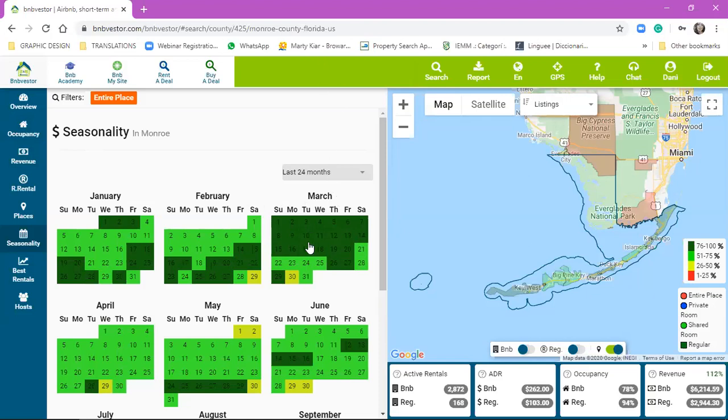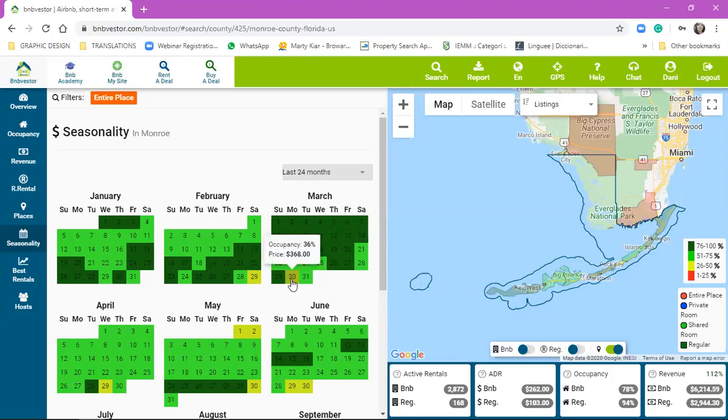The dark green means that it has from 76 to 100% occupancy rate, and the average daily rate is going to be very high. Then we have the lighter green, or apple green, which goes from 51 to 75% occupancy rate.